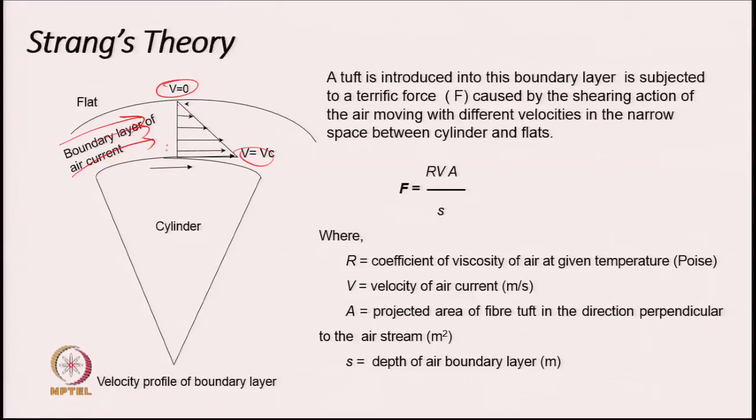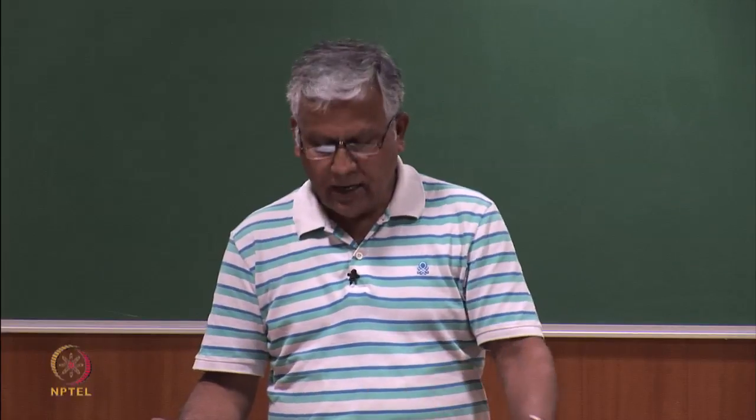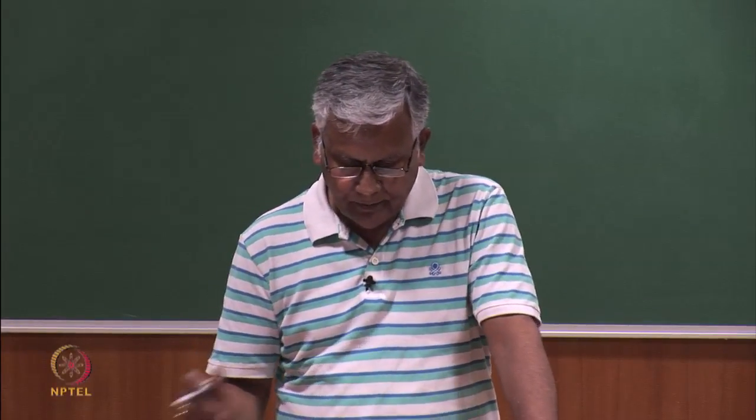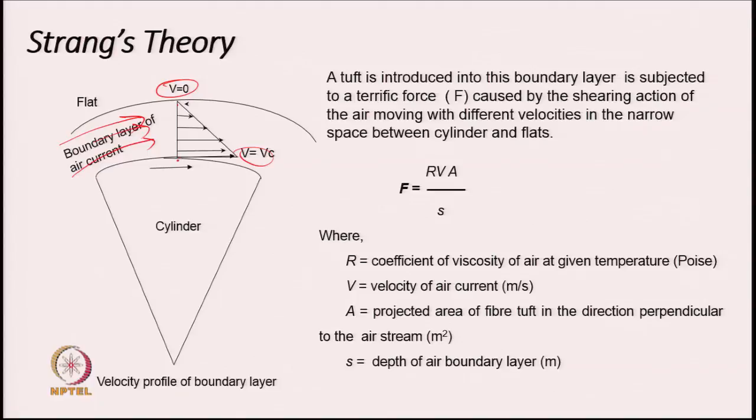That means, in this narrow zone the layers are moving at different velocities. The velocity profile of the boundary layer of air is shown in this diagram, which is represented by these arrows. So, the length of the arrows basically indicates the velocity of the boundary layer of air.